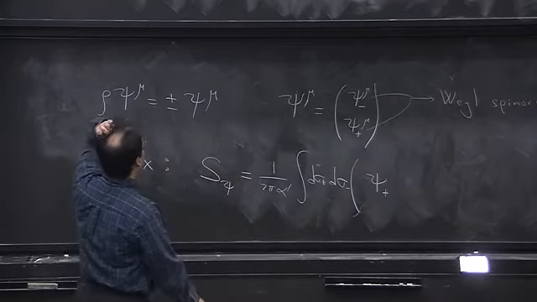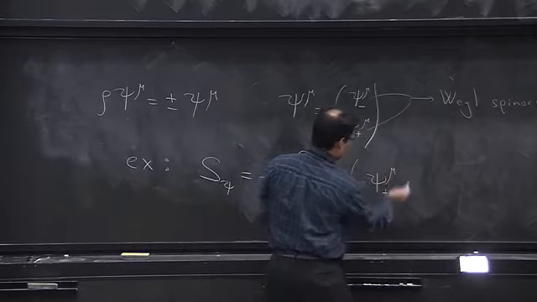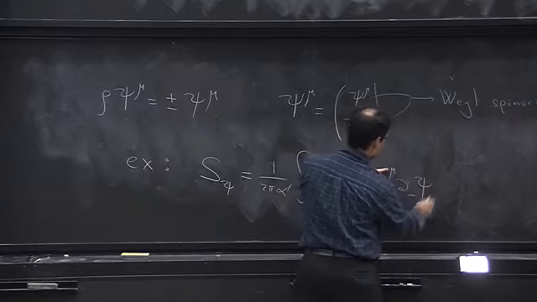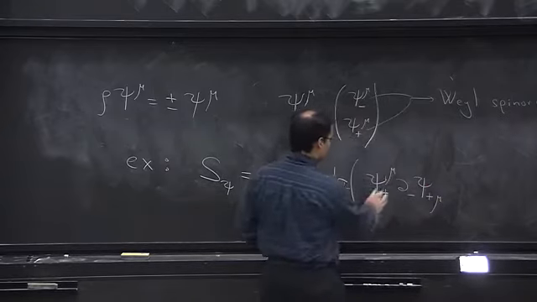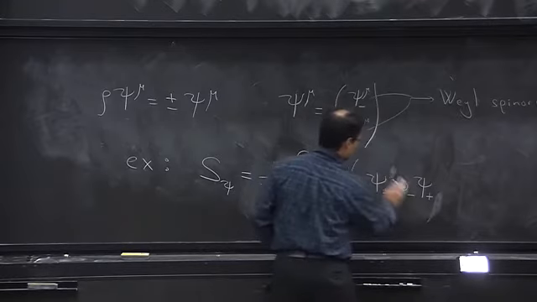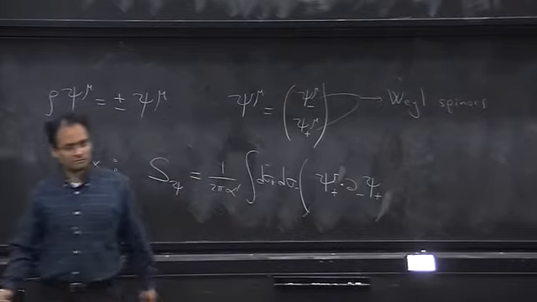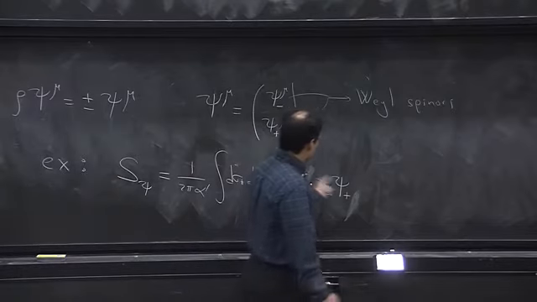Now it depends on how lazy I am. I can put the mu index explicitly and just contract it like that. Or remember, we also had this notation with a dot, just to save a little bit of notation, right? The dot means the contraction of the mu indices.